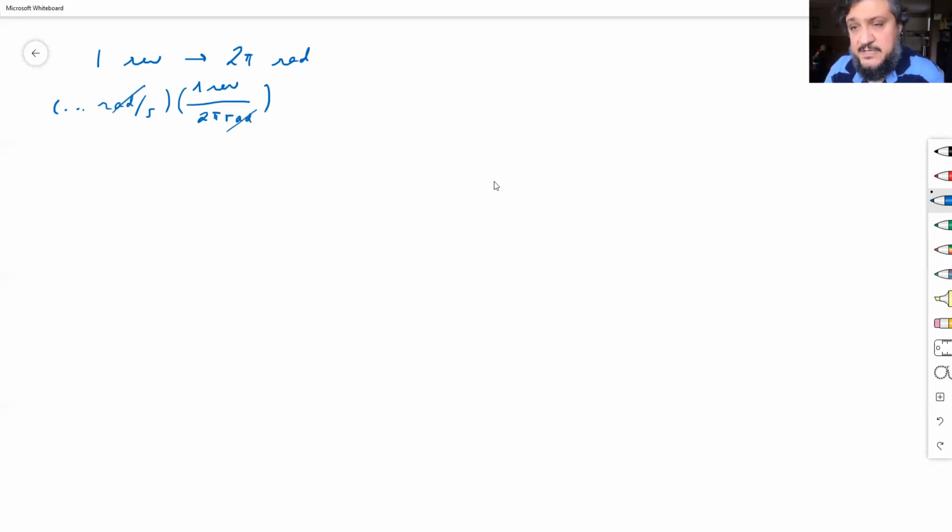We have seconds here, so how about 1 minute, which is 60 seconds. So the seconds will go. So you take this number here, multiply it by 60 and divide by 2 pi, you will have your answer in terms of RPM, revolutions per minute.